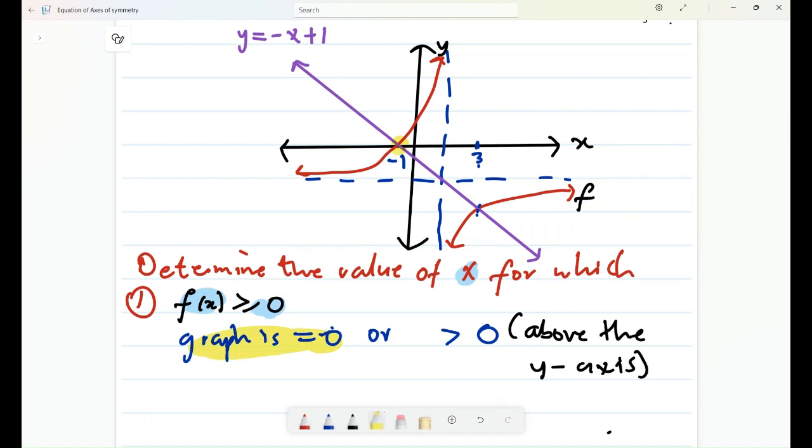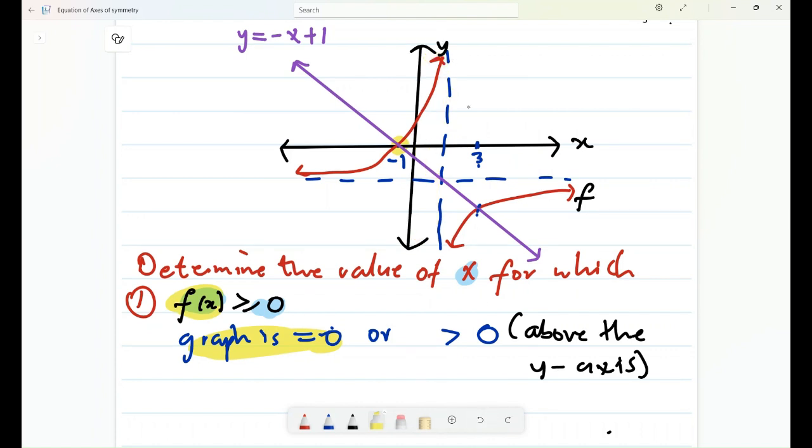Our graph is equal to 0 at x is equal to negative 1. Where x is equal to negative 1, our y is equal to 0. Okay? Or it is greater than 0, it is above the y-axis. This is the y-axis. This is below the y-axis. This is above the y-axis.